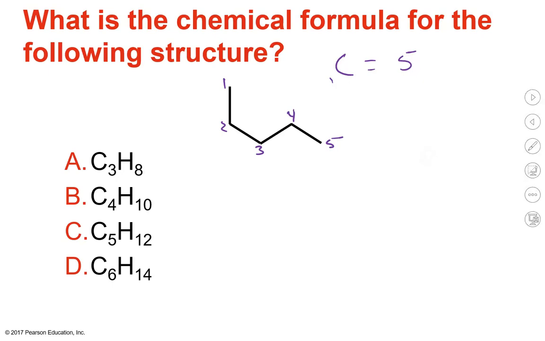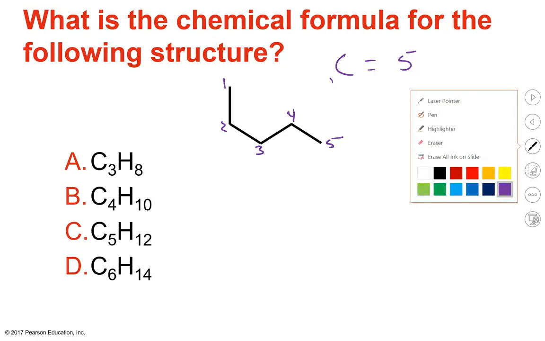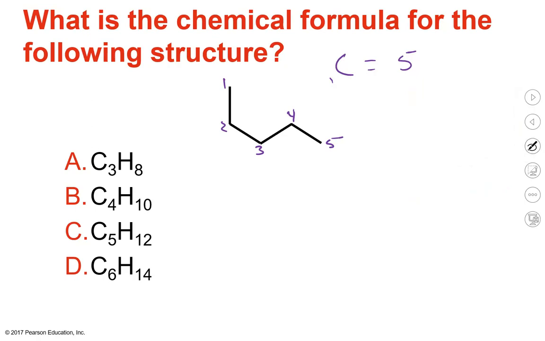How many hydrogens do I have on carbon number 1? The one that I labeled 1. How did you come up with that? She's right. How did she come up with it? How many hydrogens are on carbon number 1? Right.